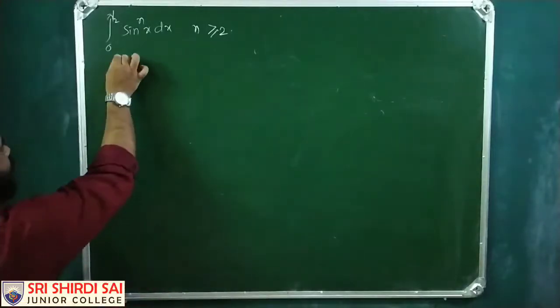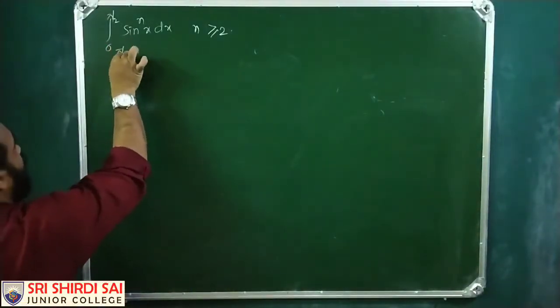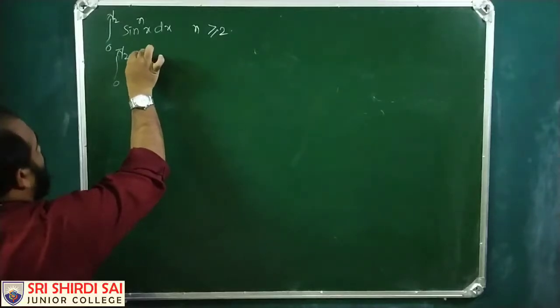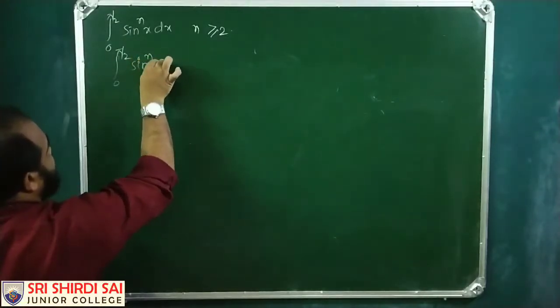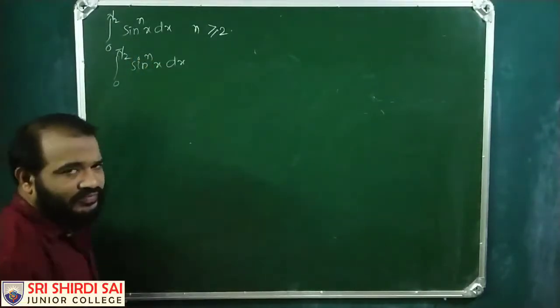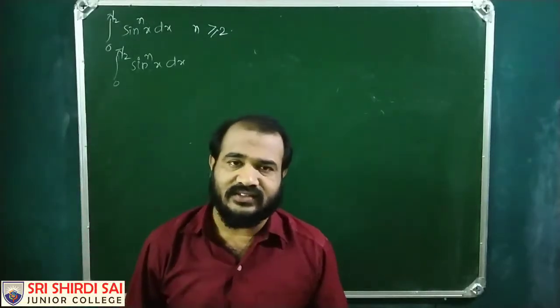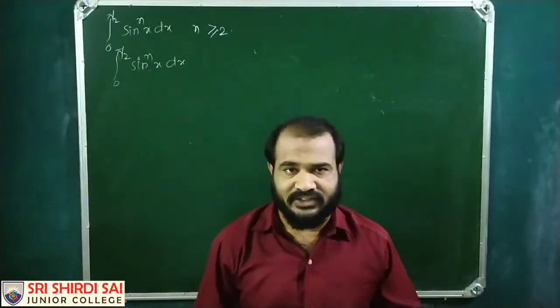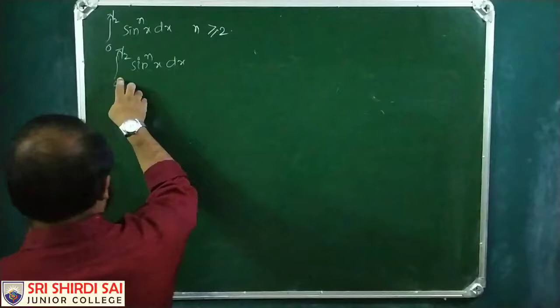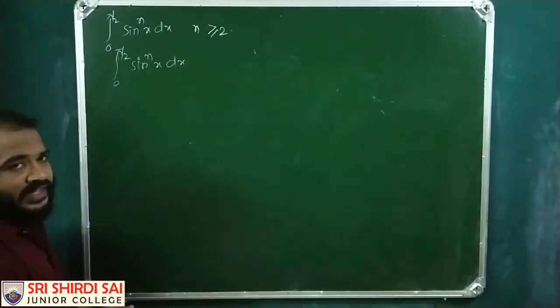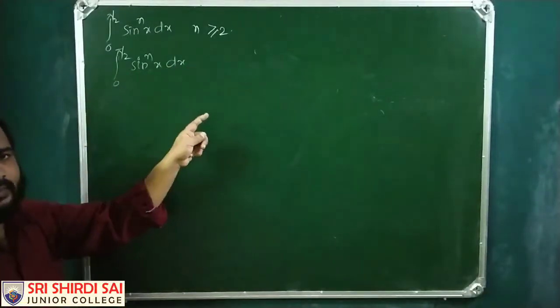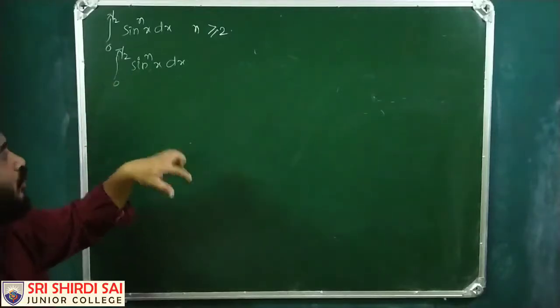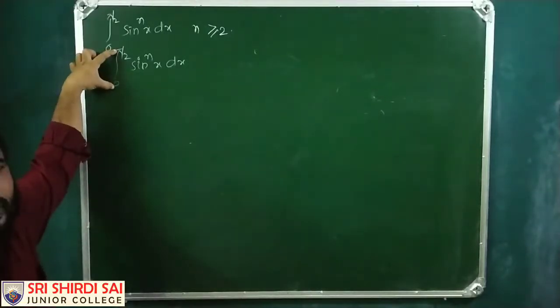First and foremost, integral 0 to pi by 2 sine power nx dx. This is not a new thing. We have discussed all these things in indefinite integration. With just integral sine power nx dx, this is applicable, so we are confined to the 0 to pi by 2 limits only.